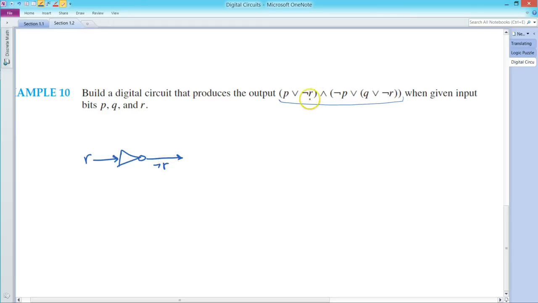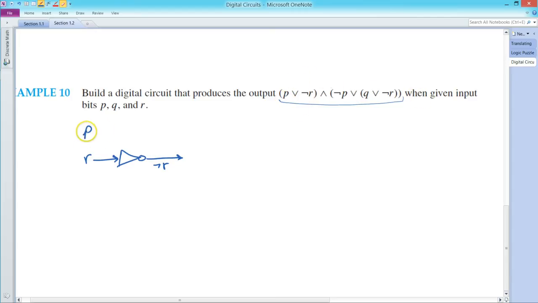I have computed this part. Okay, and because the P or not R is between two brackets, this means that I have to calculate this before doing anything else.